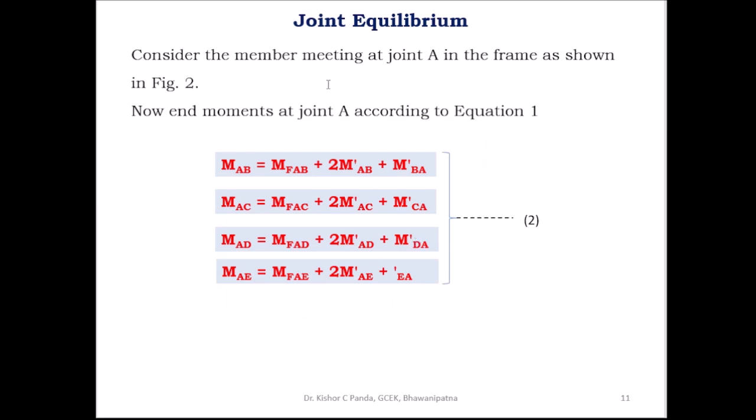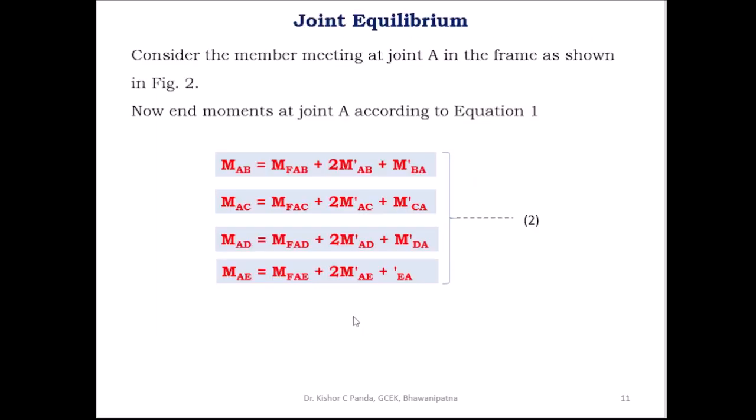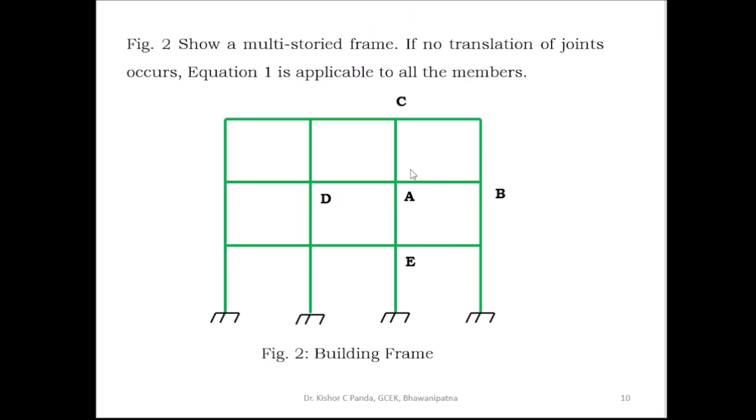So consider the members meeting at joint A in the frame as shown in figure 2. Now the end moments at joint A according to equation 1: MAB is equal to MFAB plus twice into M dash AB plus M dash BA. Similarly, MAC is equal to MFAC plus twice into M dash AC plus M dash CA.